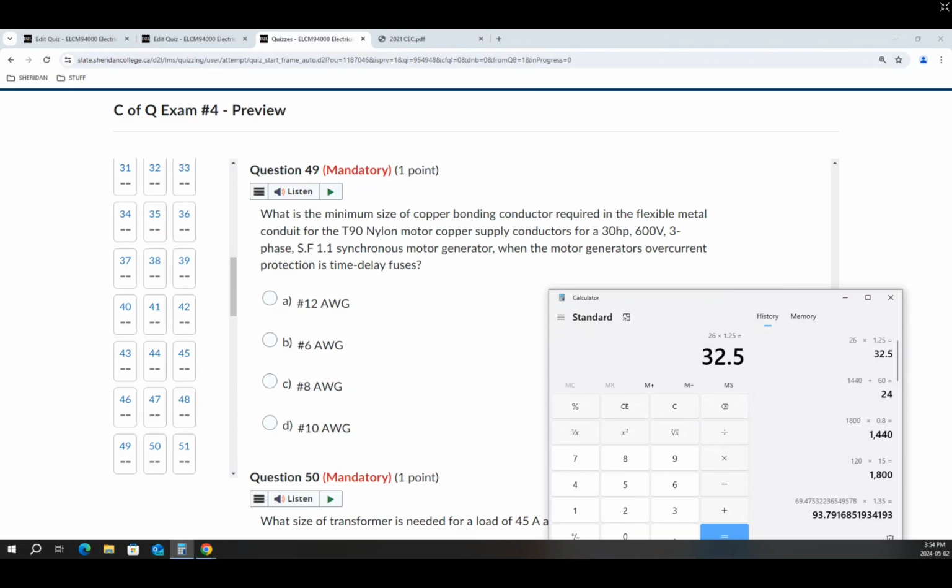Table 55. Yeah, so this is asking for the bonding conductor.